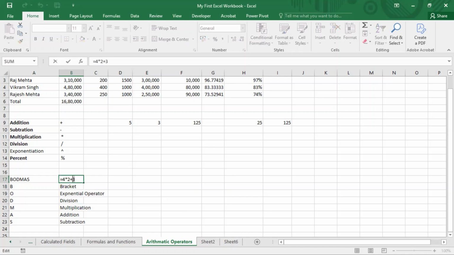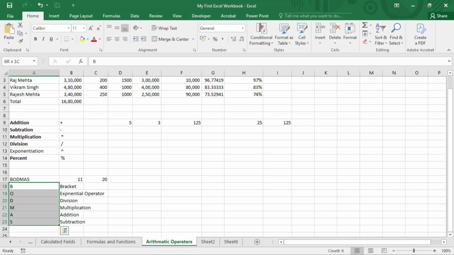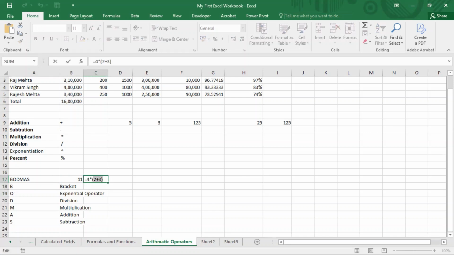Now, the same thing I'm doing with the help of a bracket. I'm just keeping this 2 plus 3 in brackets. See what the difference comes to be. It is 20. My numbers are the same, my operators are the same. But why is there a difference in this particular output? Because of this BODMAS rule, the bracket has taken precedence. Before multiplying these two numbers, it first considers the brackets and adds these two numbers.